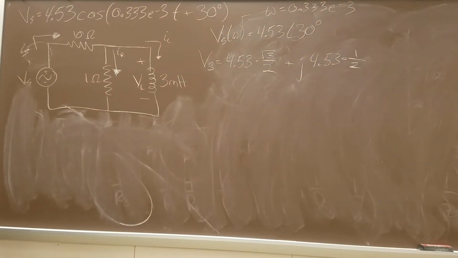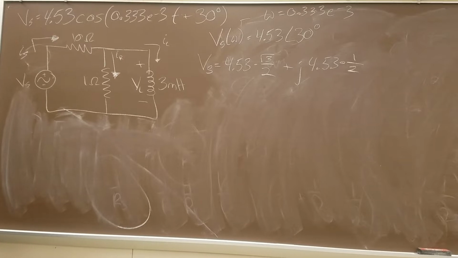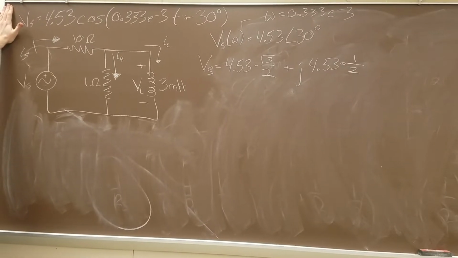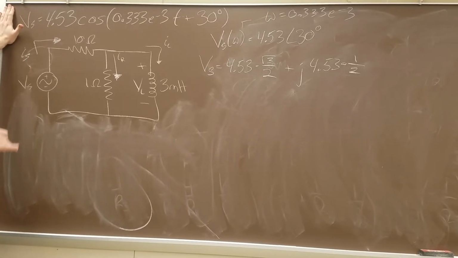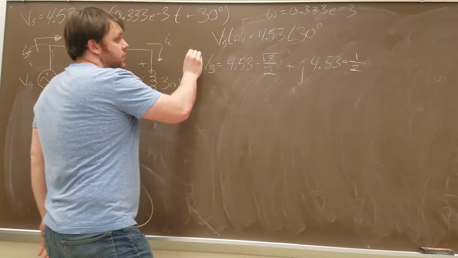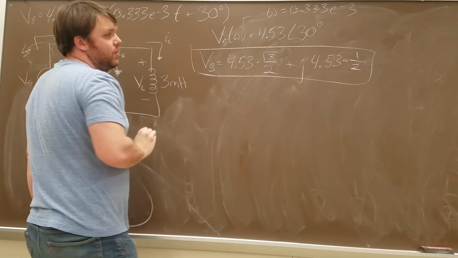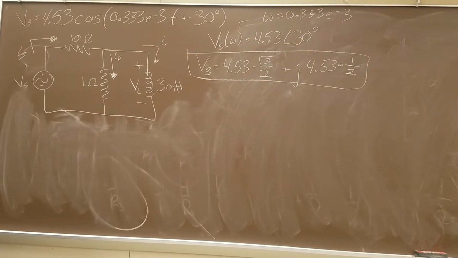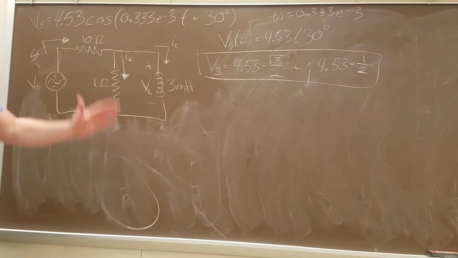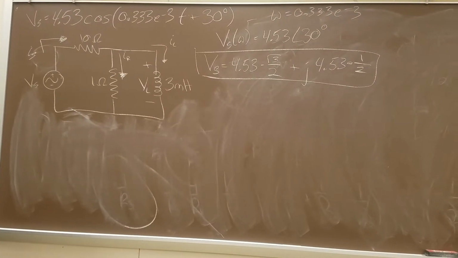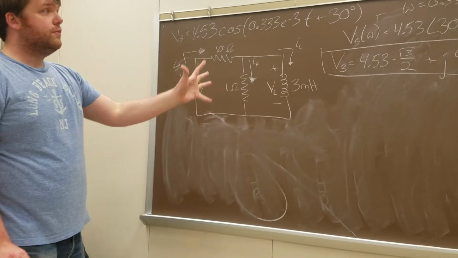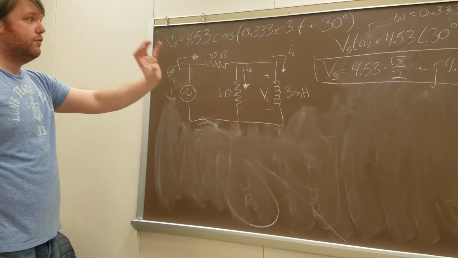The end result, it's going to ask for answers in this form, so it's pretty easy to convert back. So we have different ways to look at it. When you're working with MATLAB, if you're doing matrix analysis or mesh or nodal, you're going to want to use that kind of form in MATLAB for the most part. Okay, so that's our first step, getting our stuff in a form we can use.